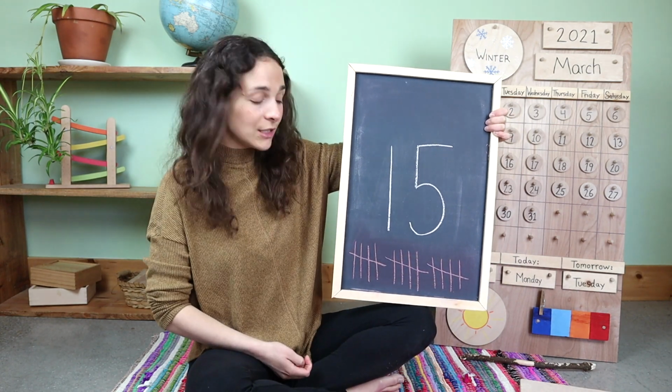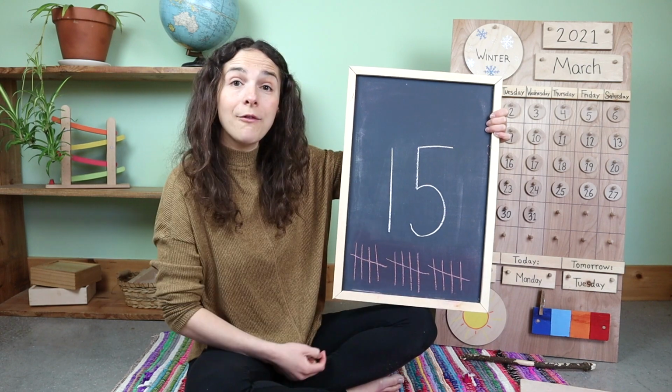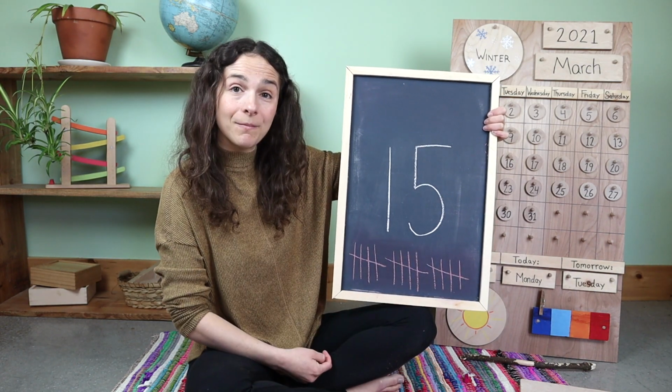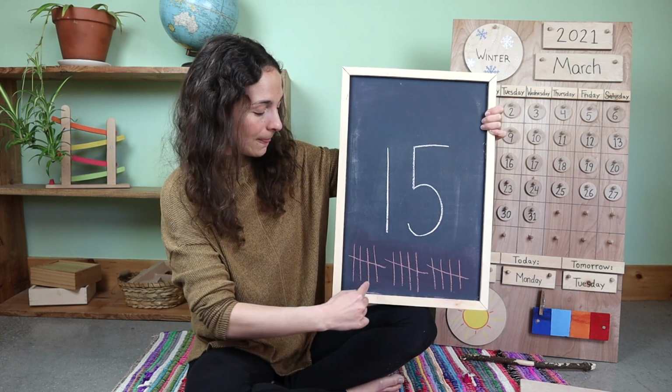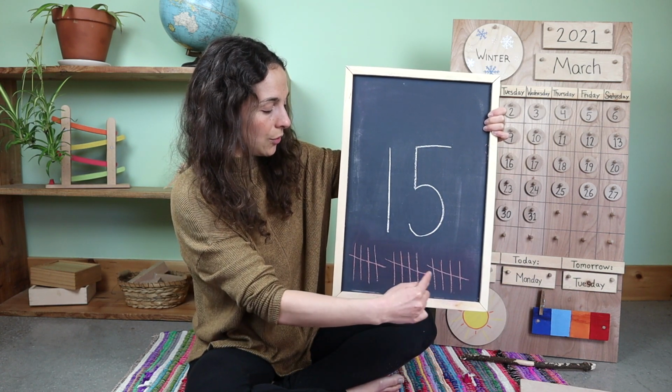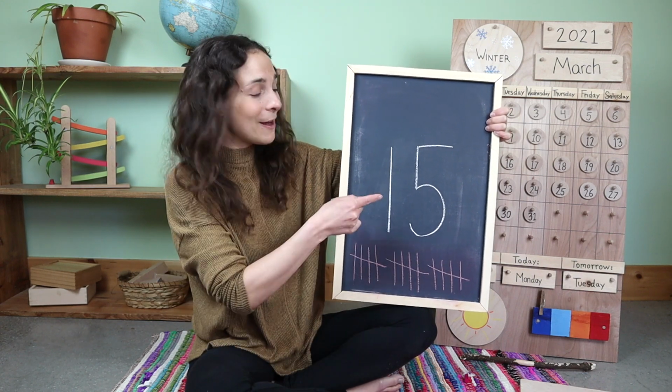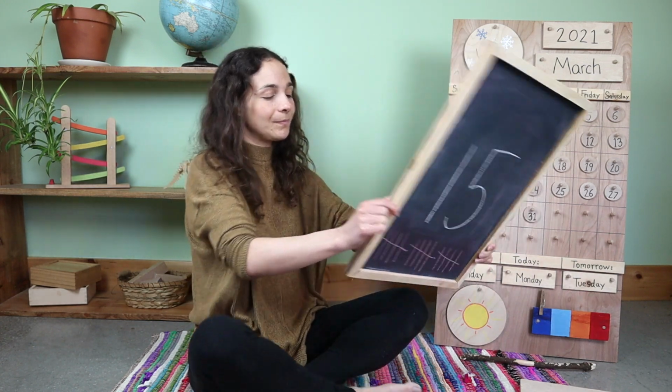Look at this, friends. We have groups of 5. How many groups of 5 do you see? Let's count them together. 1, 2, 3. 3 groups of 5 make 15.